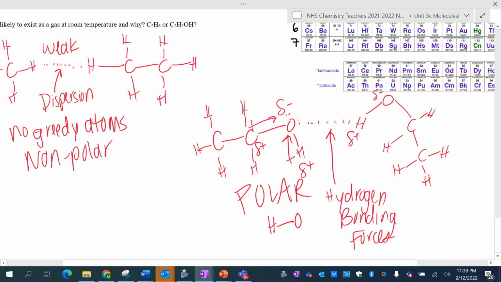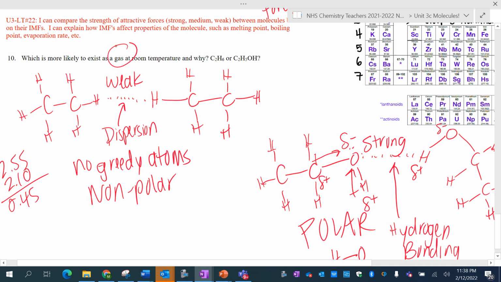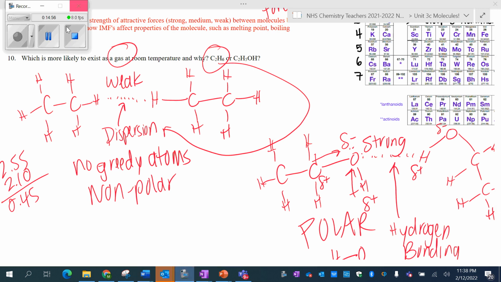So let's go back to the original question, because these guys are held together strongly. Which one would exist as a gas, meaning the molecules are just going to fly away from each other because they're only weakly held together? Answer, C2H6, because they have weak forces holding them together, so they can fly away as a gas. Hope that helps you. Sorry again about my voice.